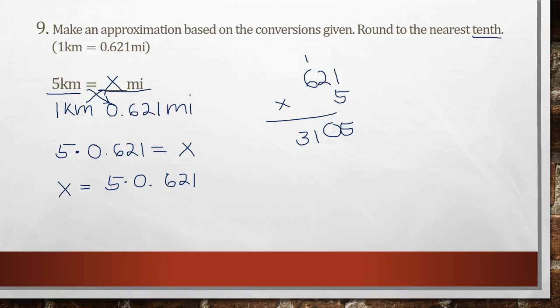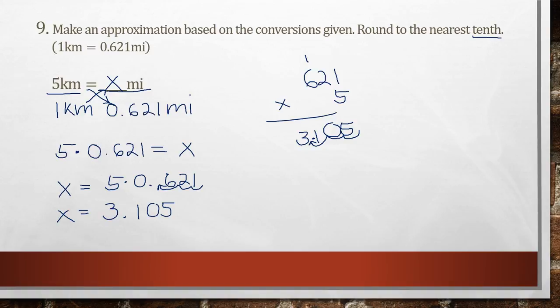In the original problem, I had 3 decimal places, so I'm going to count 1, 2, 3 decimal places. So my x equals 3.105.